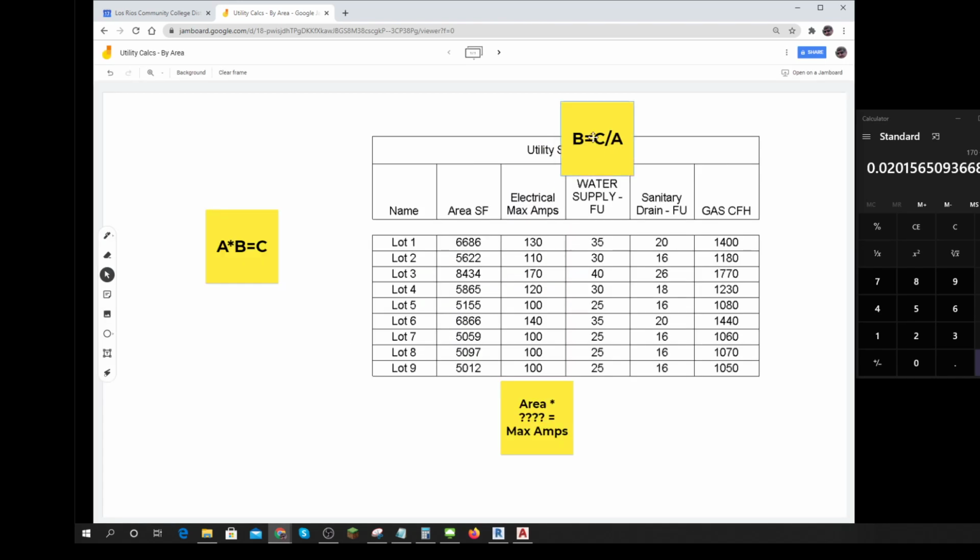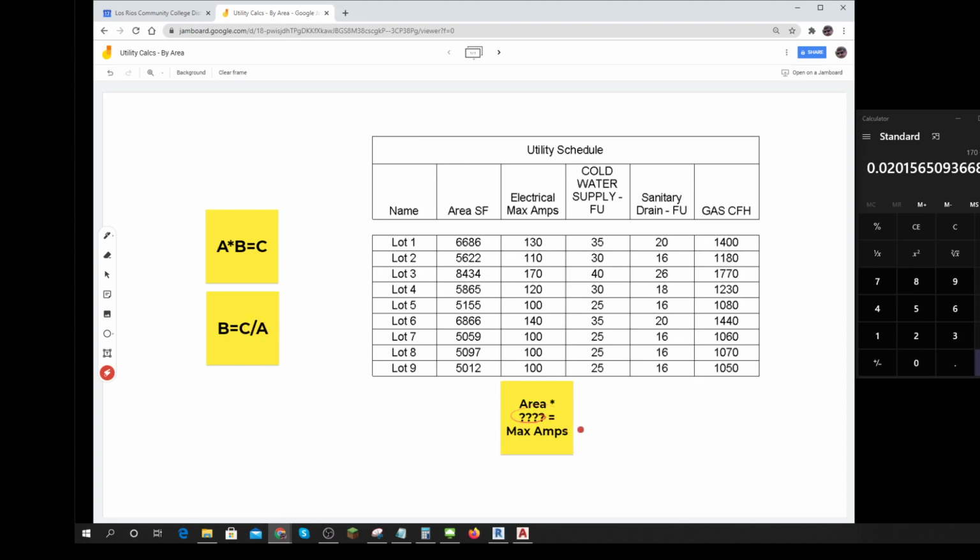That looks more like it. That's why I always check my work. So let's see, I have B all by itself, I have C where it was, and then I moved A to the bottom. Here it is on the bottom. B equals C divided by A.